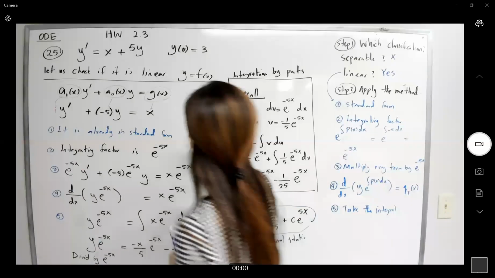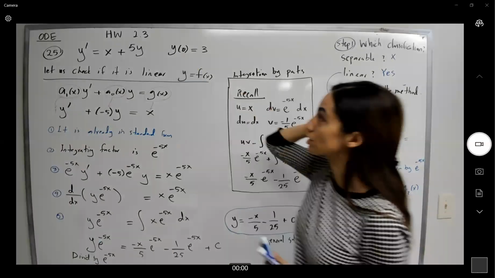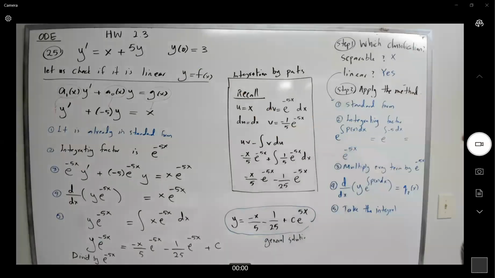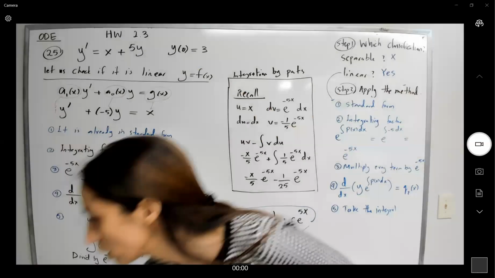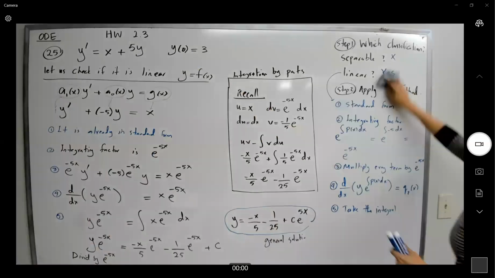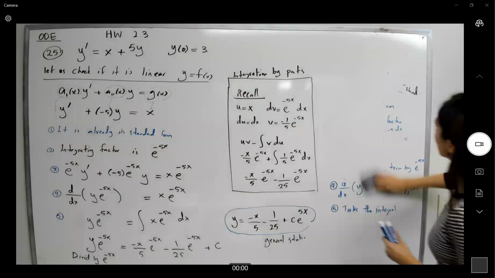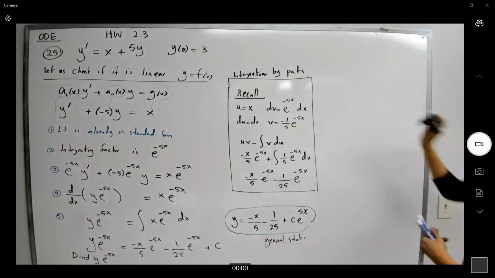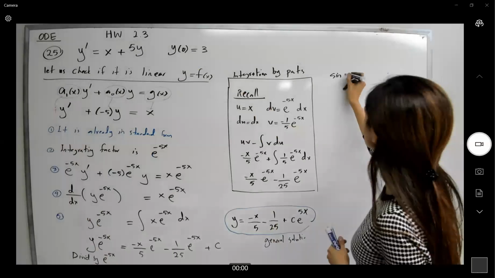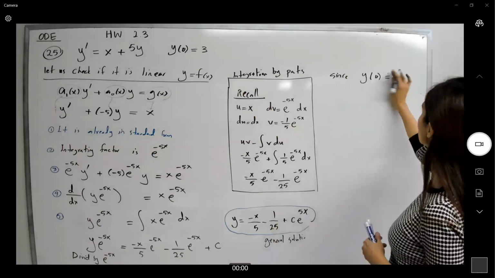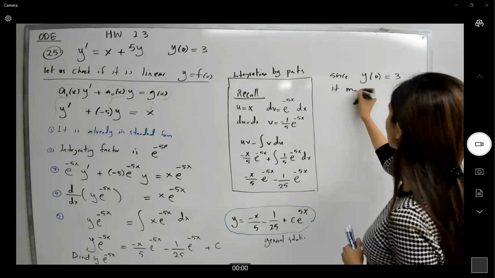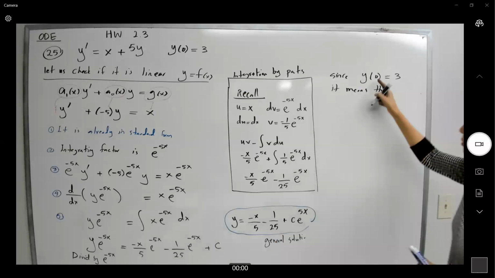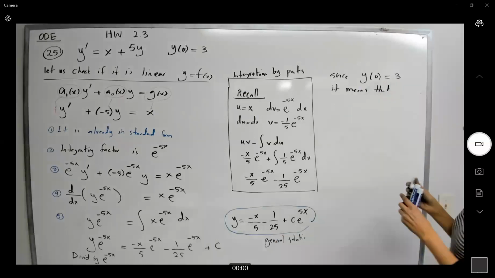Okay, the question says, hey, when x is equal to 0, y is equal to 3. It means that we can find a particular solution. So let me erase this part of the board so we can write down the particular solution as well. Since y at 0 is equal to 3, wherever I see x, I can plug in 0 and my y is equal to 3.